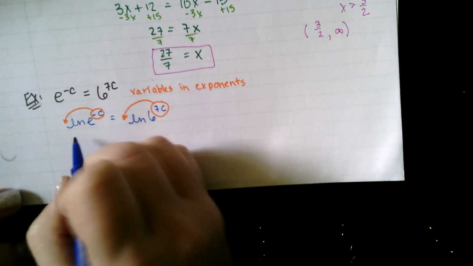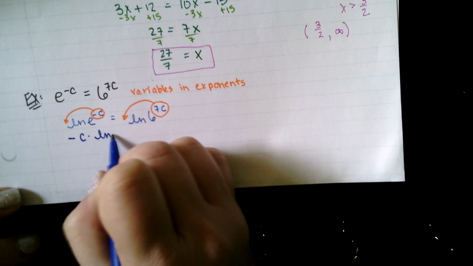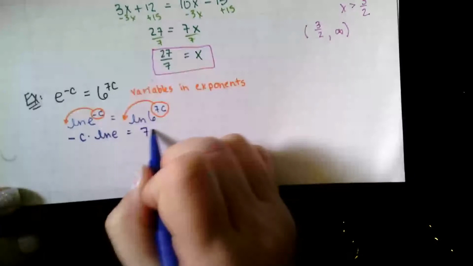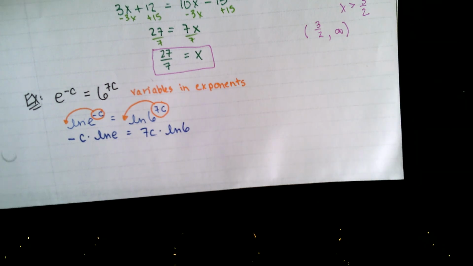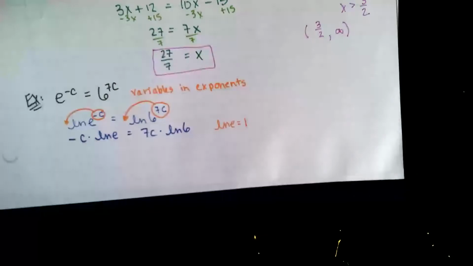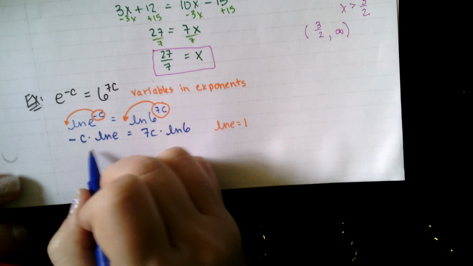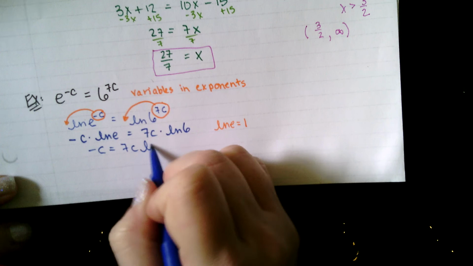And that makes it easier to solve. So we have negative c times the natural log of e equals 7c times the natural log of 6. We've already seen earlier that natural log of e is 1. So this is essentially negative c equals 7c natural log of 6.